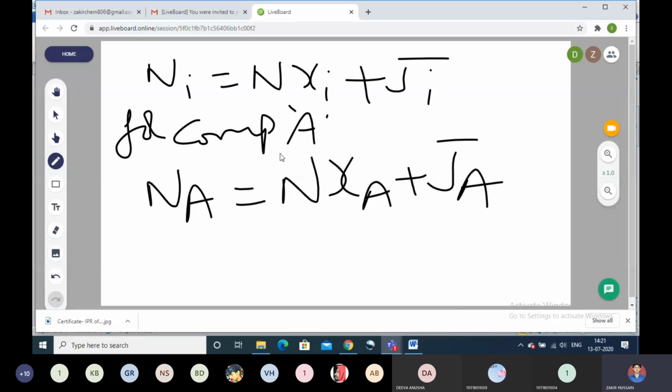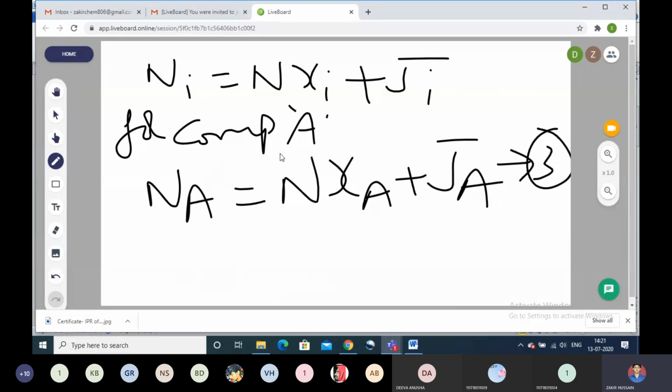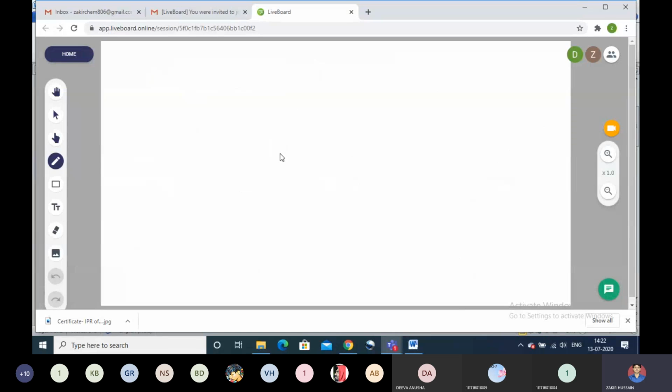Consider this as equation 3. Equation 2 is Fick's first law of diffusion, which says JA is equal to minus DAB dou CA by dou Z. So substitute equation 2 in equation 3.